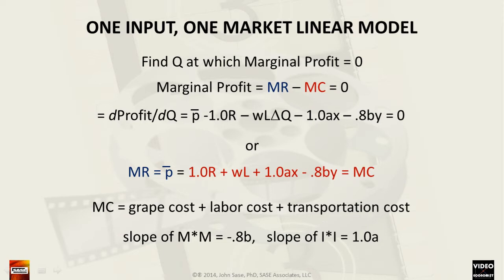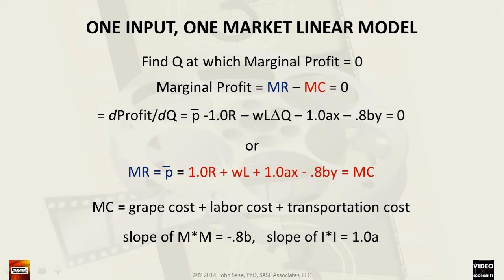However, this equation suggests that marginal revenue remains constant at P bar, and the only variables on the marginal cost side are A, B, X, and Y, where the condition exists that the sum of X and Y must remain equal to the constant distance between the vineyard and the marketplace.